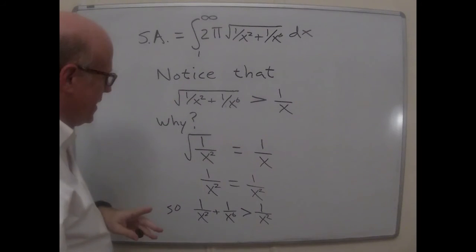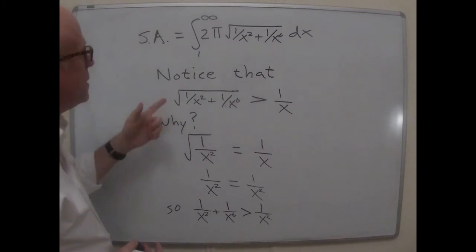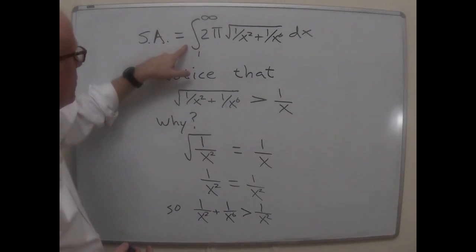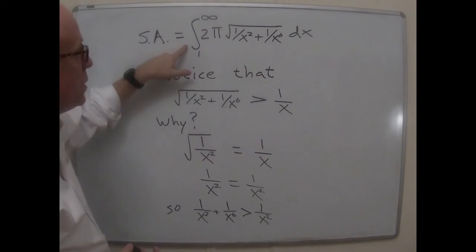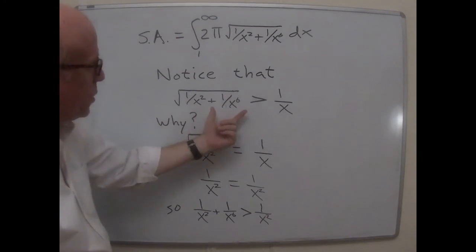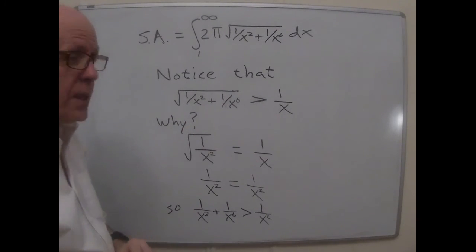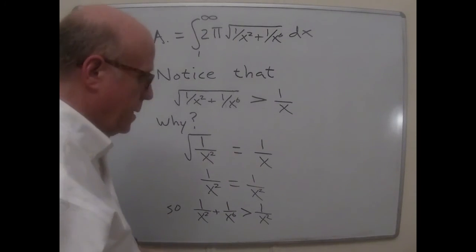Okay. So why is that going to be handy? That means that this integral we've said for the surface area is actually larger than the integral of 1 over x. At every x coordinate, this side thing is bigger than that thing, so when I integrate, I'll definitely get something larger.